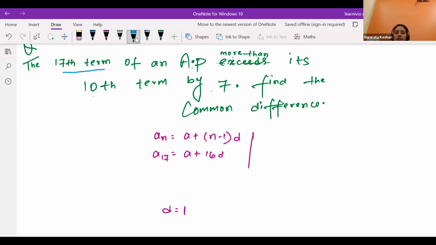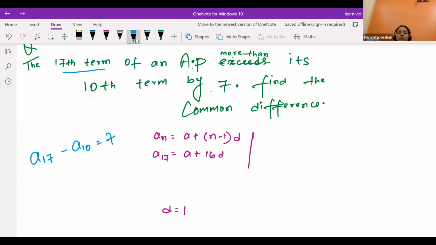So we can write that the 17th term is bigger than the 10th term by 7. That means the difference between the 17th term and the 10th term is 7.